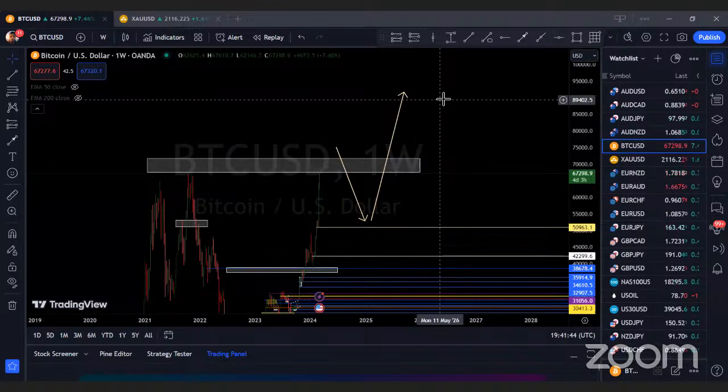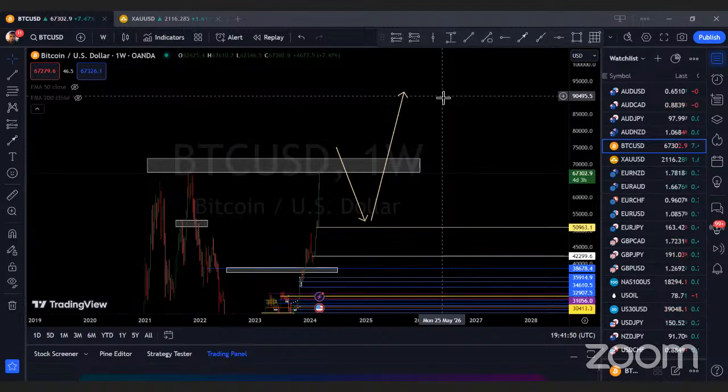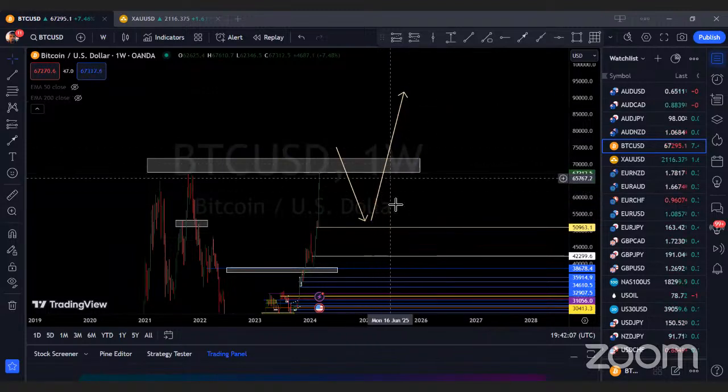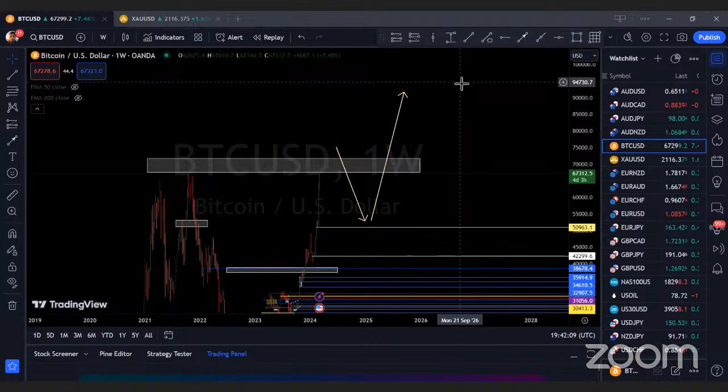Now, free gift, free advice. At the bull run, sell off your Bitcoin a year or two after. Wait a little, the third year, somewhere November, December, you get price pulling up again.